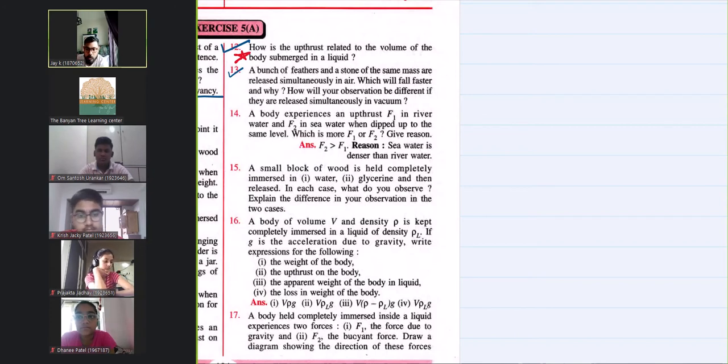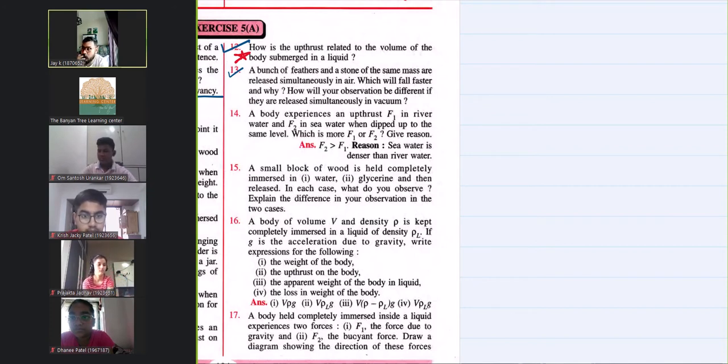Because the net downward force is greater, that's why it falls faster. But in case of feathers, the upthrust experienced by the feathers will be greater than the weight of the feathers. Upthrust will be more than the weight, and that's why the net downward force is less. And that's why the feathers will fall, but at a slower rate. Okay, so this is the reason.